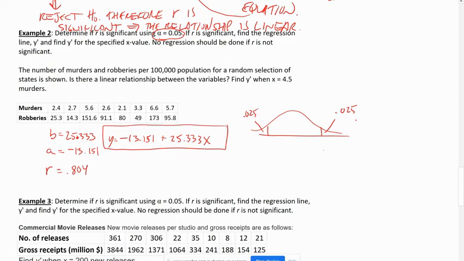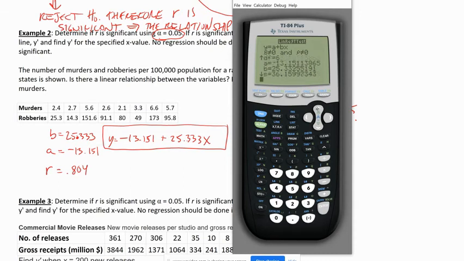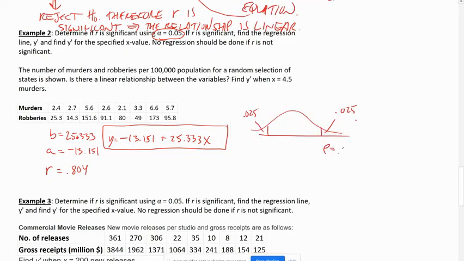And our rho value on our calculator, you can use that. This gave us rho equals 0.016, which is less than alpha. So one way to get our ruling on this test is to use rho.